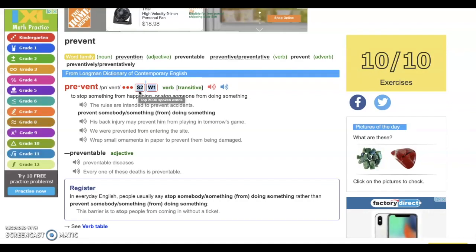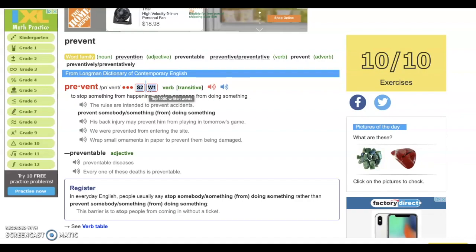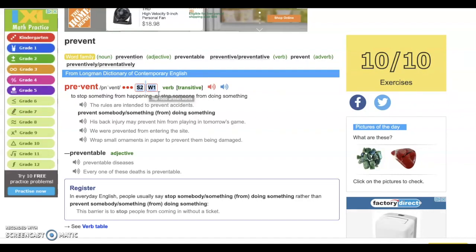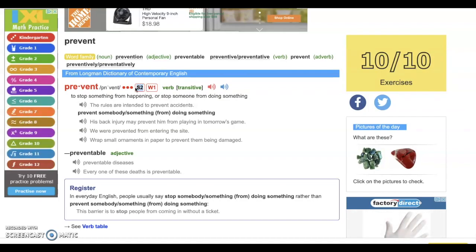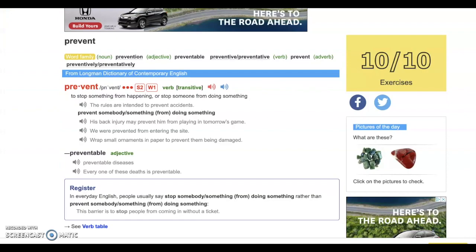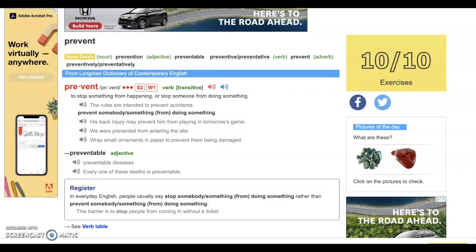It's in the top 2,000 spoken words category, while it's in the top 1,000 written words category, meaning that it's a level 1 writing word, but a level 2 speaking word. And this distinction between speaking and writing can really help you use this word effectively when it comes to usage.